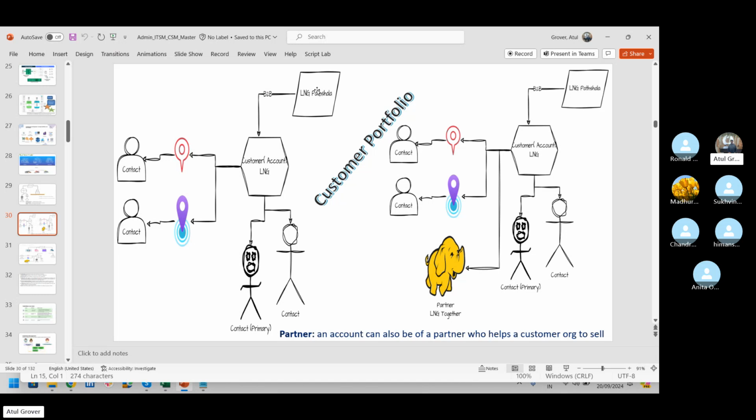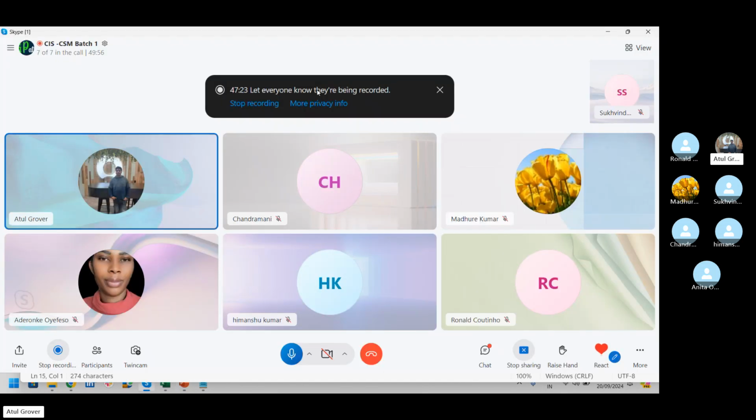Let's take an example. In your company, you're working on a project, let's say for a company XYZ. Who is your account manager? There is some person who is the account manager. And what is his responsibility?